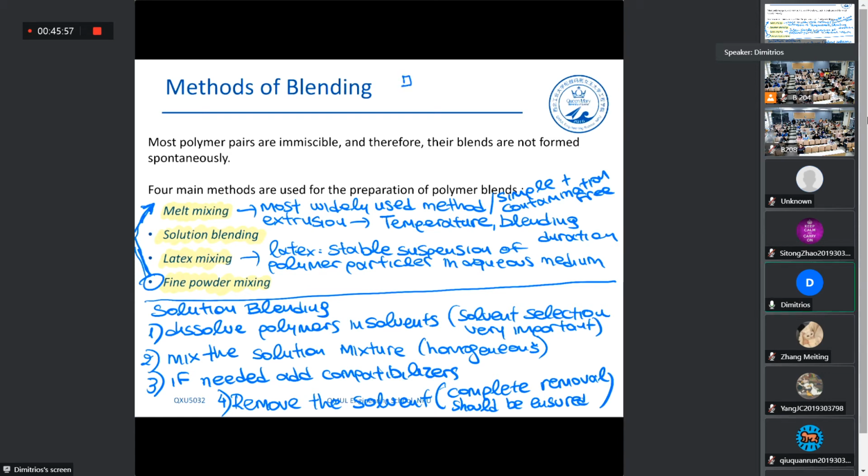Okay, you know, pellets are these small polymer forms, let's say. These are how polymers are essentially bought and produced by industries, and then when we process them, we melt them and so on. Fine powder mixing is essentially we grind those pellets and then melt mix.